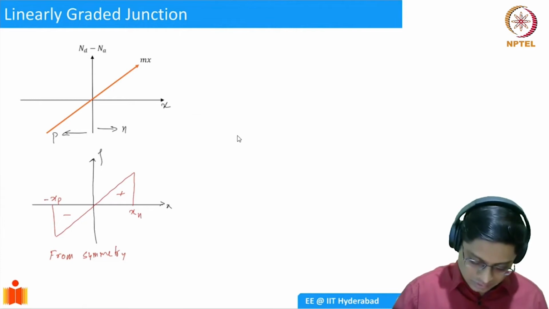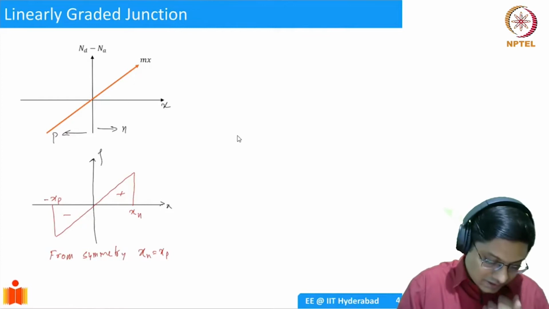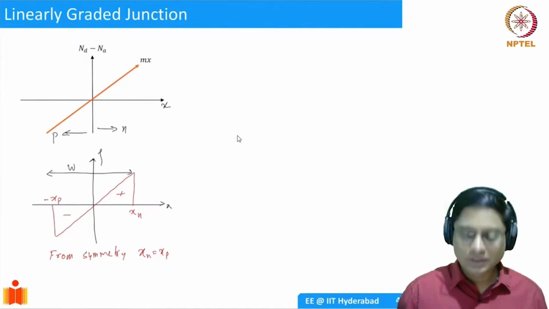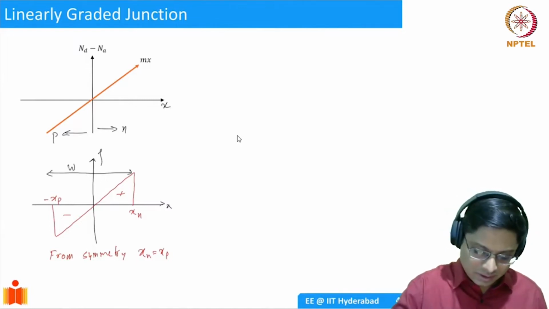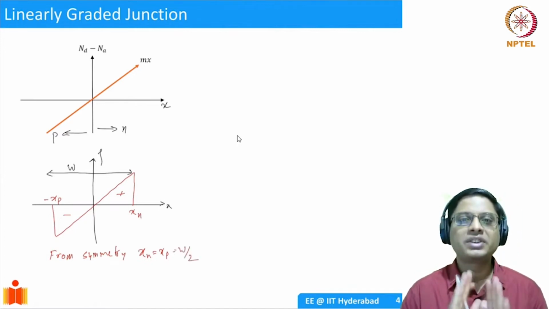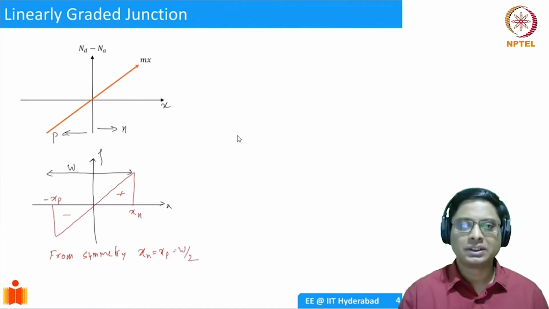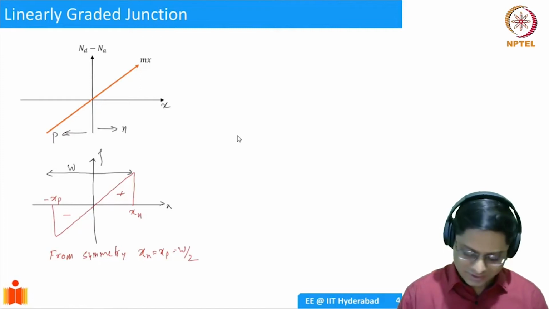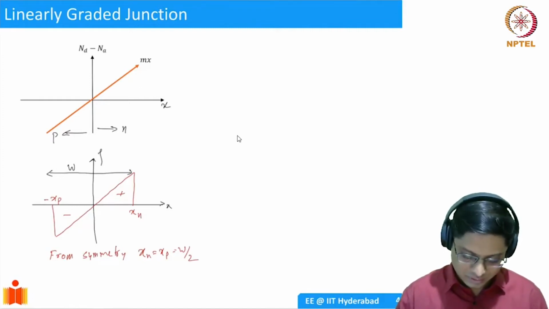So xn equal to xp. And if you call this entire region the depletion width, xn equal to xp, each of them will be W by 2. So the depletion region is symmetrically spread. It's not one-sided or non-uniform as you saw in the previous case. It's just coming because of the symmetry of the doping profile.